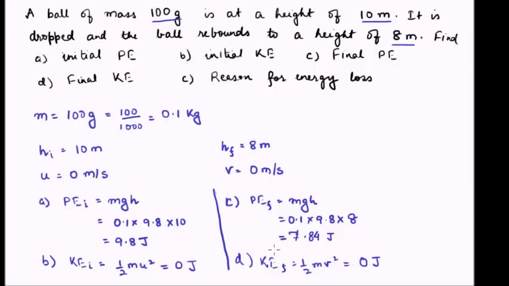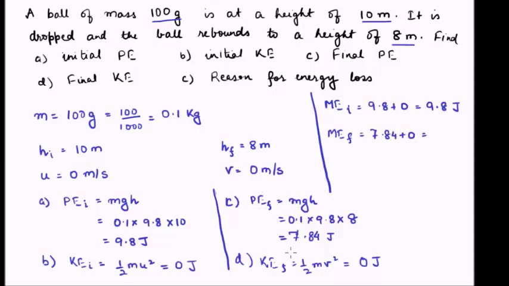Therefore we see that the total mechanical energy initially, let me write it here, ME, mechanical energy initial is equal to 9.8 plus 0, that is 9.8 joule, and mechanical energy final is equal to 7.84 plus 0, the potential plus the kinetic energy, and that is 7.84 joule.